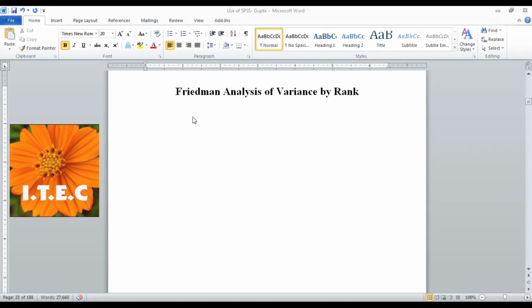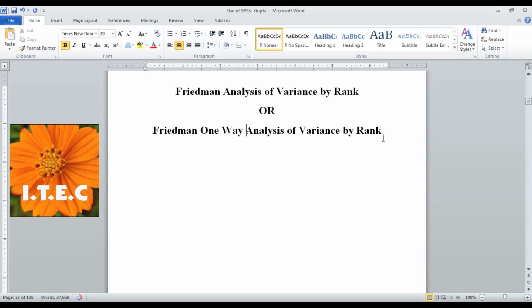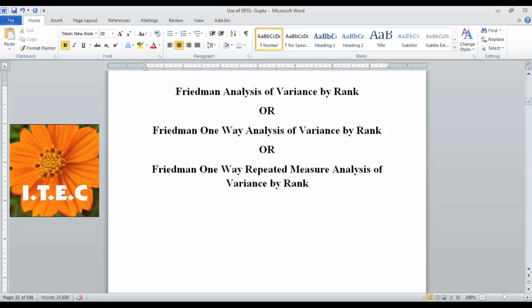In some of the books, you may also find a name like Friedman one way analysis of variance by rank. Or sometimes you may also find another name, the Friedman one way repeated measures analysis of variance by ranks.